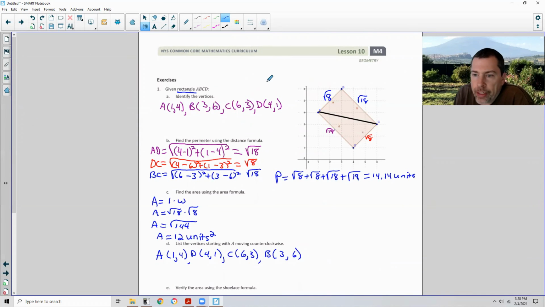So area equals 1/2 times X sub 1 times Y sub 2 minus X sub 2, Y sub 1. Okay, and they call this the shoelace formula.